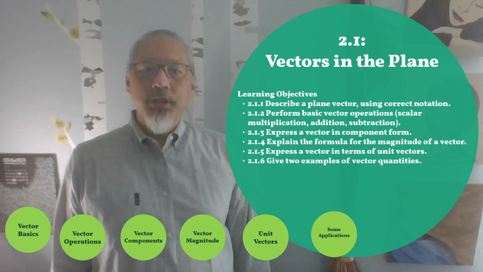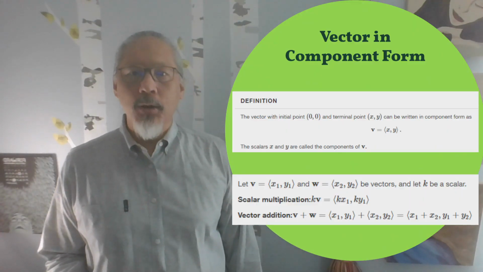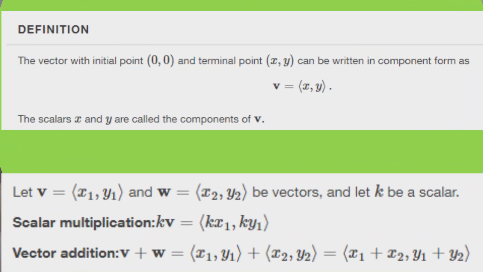After some vector operations, we're going to establish more information about vectors, namely components. We're going to take a look at vectors and identify them by components so that we can do some basic algebraic operations on them.